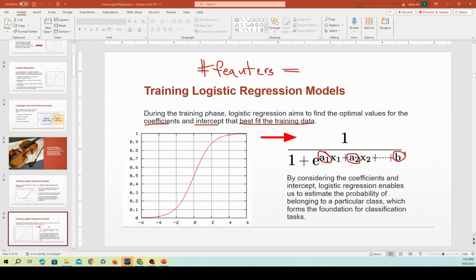So the number of features determines the number of coefficients. So the more features we have, the more coefficients we will have to train. Right? We need to train all those coefficients. So if we have n features, we're going to have n coefficients.